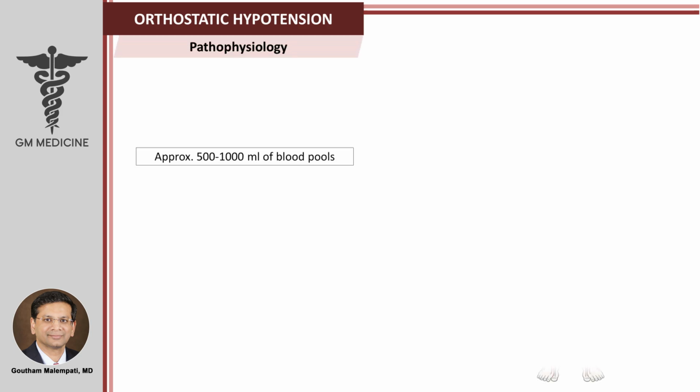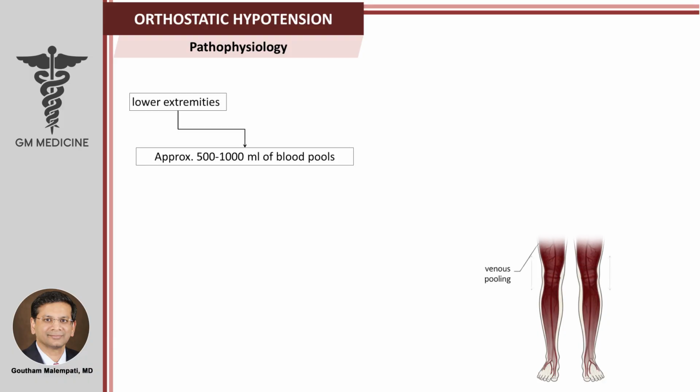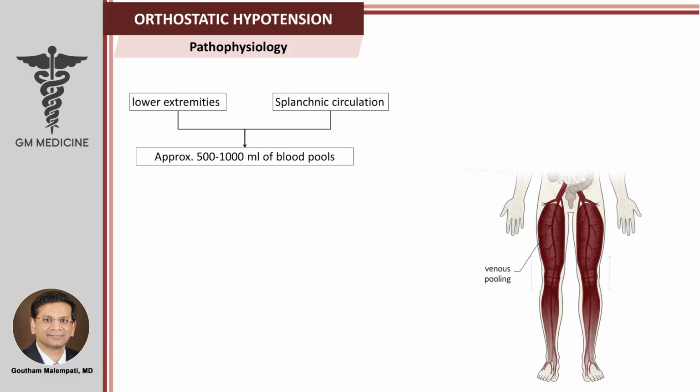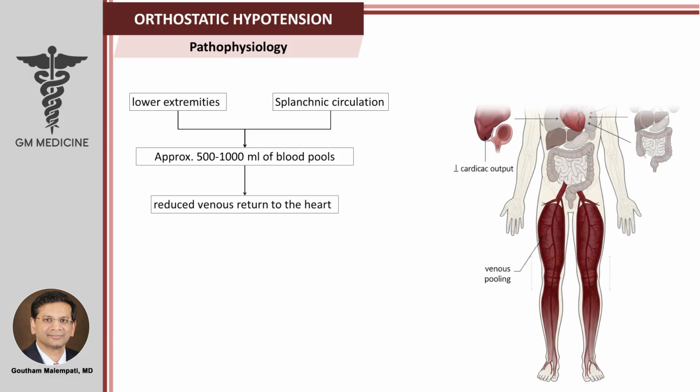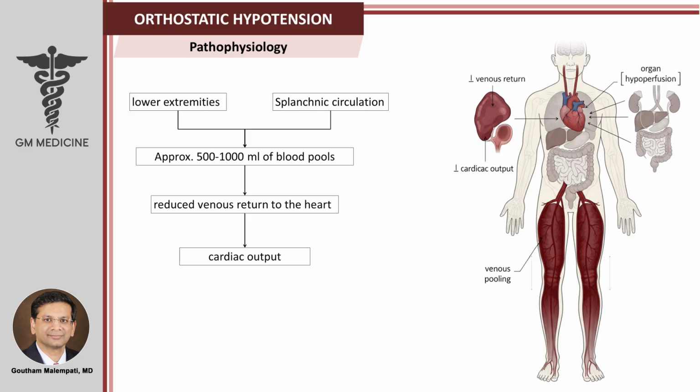Pathophysiology. Approximately 500 to 1000 ml of blood pools in the lower extremities and in the splanchnic circulation, causing reduced venous return to the heart and cardiac output, leading to organ hypoperfusion.